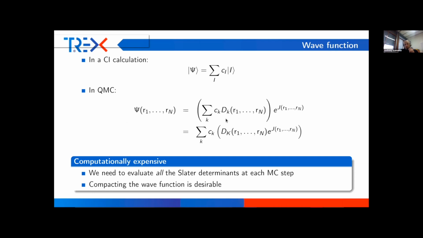This can be very expensive, and this is why you want to have a compact expression of the wave function, trying to reduce as much as you can the number of Slater determinants, to make the cost of the calculation as cheap as you can.